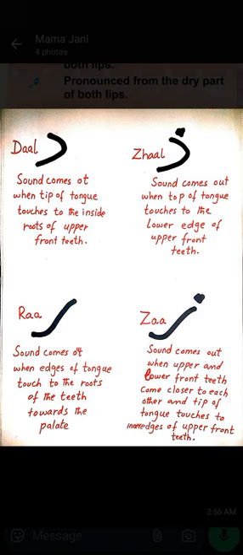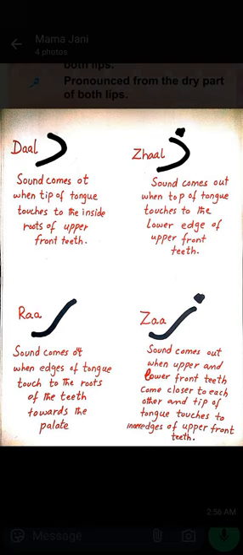Okay, now at the top there is dal. See, in English spellings it is written dal. So from where does its sound originate?